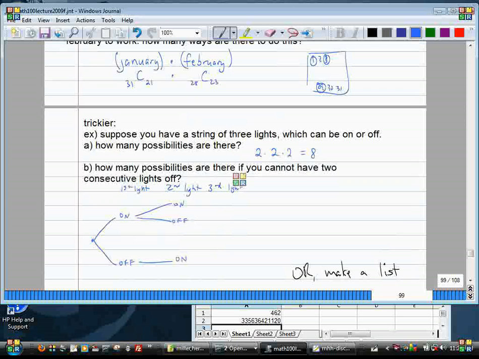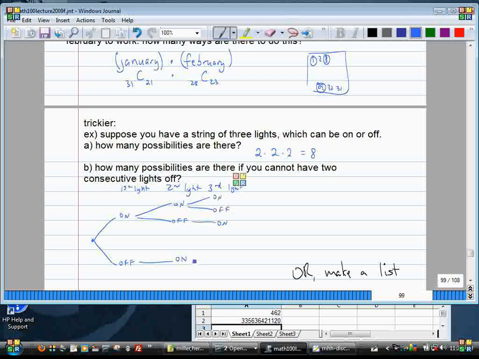Okay. So now we go to the third light. So notice that in the first case we've got on. What can the third light be? It can be on or off. Now, in the next case, what could the third light be? Can it be off? It cannot be off. Okay.